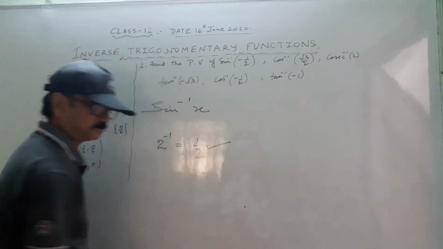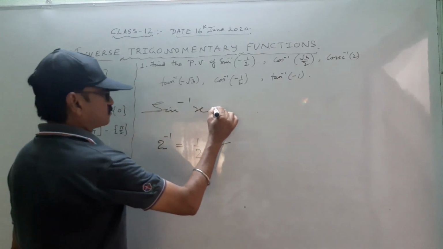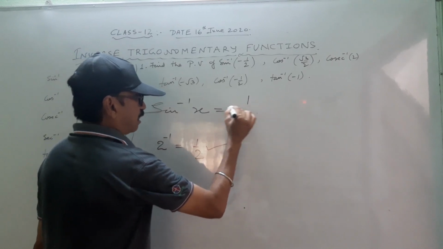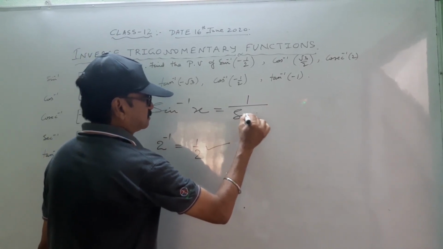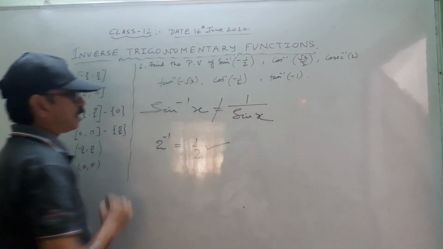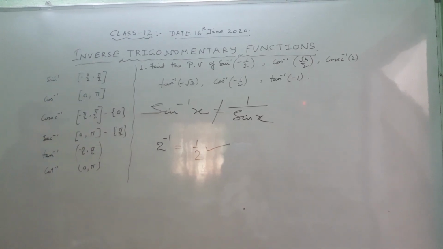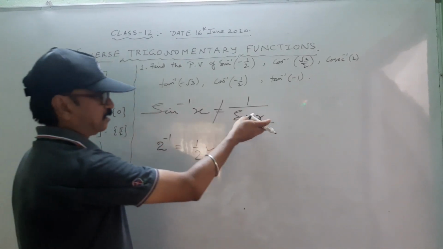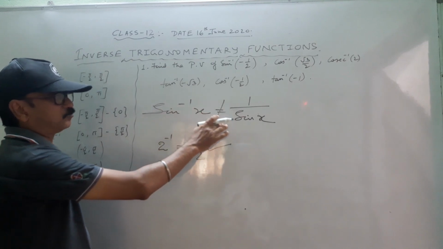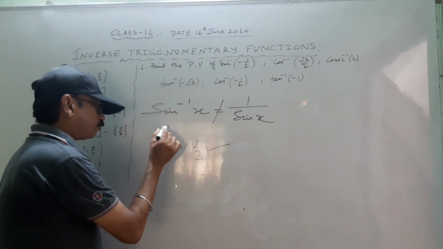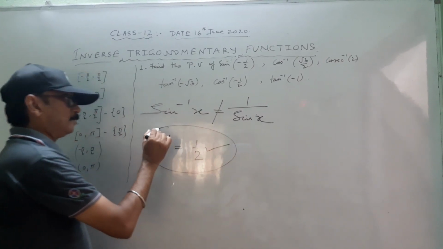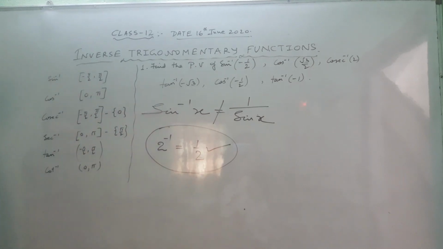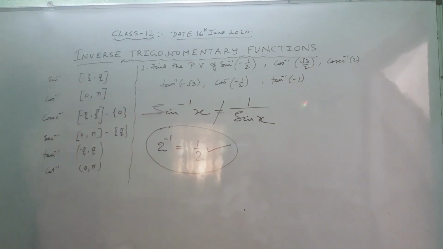It is correct. But in case of sine inverse of x, we can't write 1 by sine x. Sine inverse of x is never equal to 1 upon sine x. In exponential, it is okay, but sine inverse of x, you can't write as 1 by sine x.